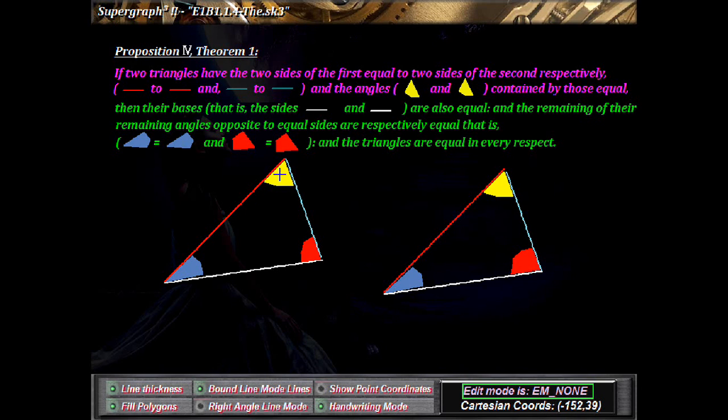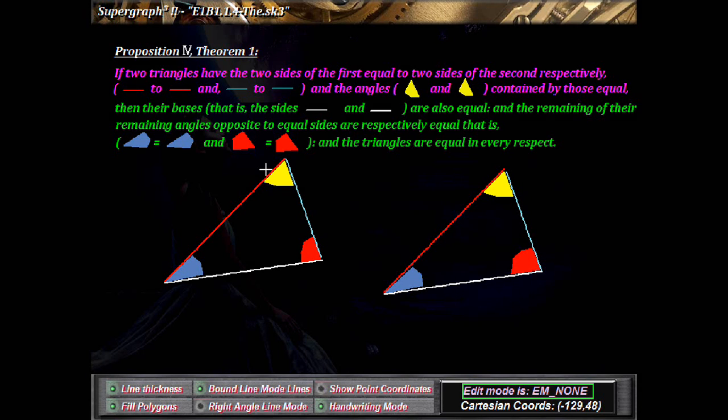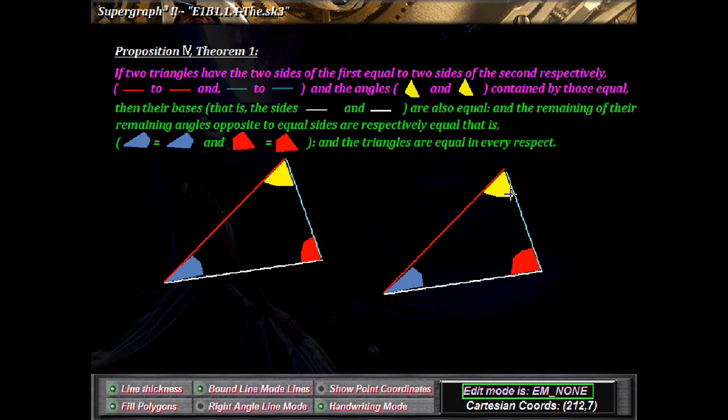By definition, the subtending of something by some angle is the inclination of the lines, right? So they will have equal inclination if I line one or the other of these two lines up, and then the red line and the blue line will lay flush against each other.